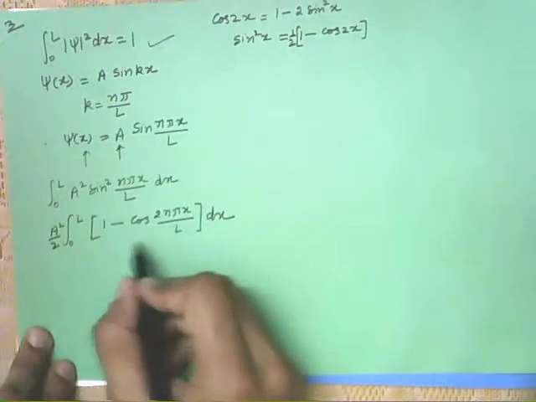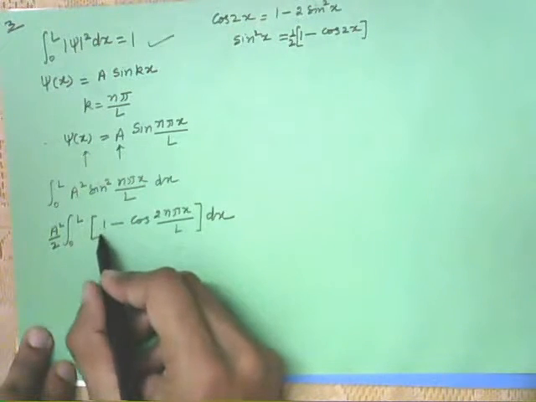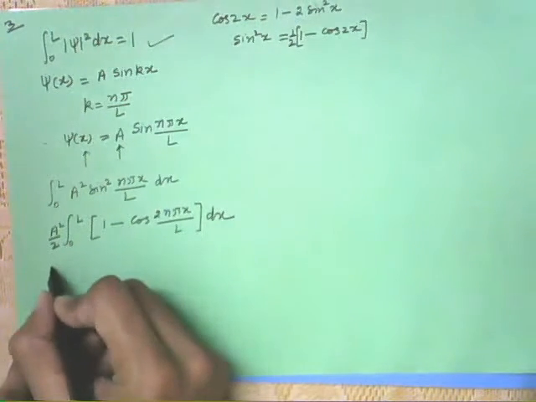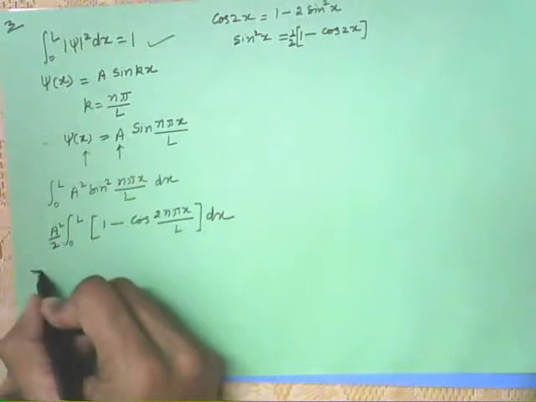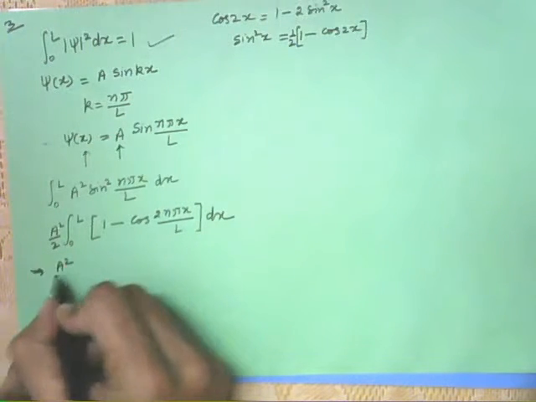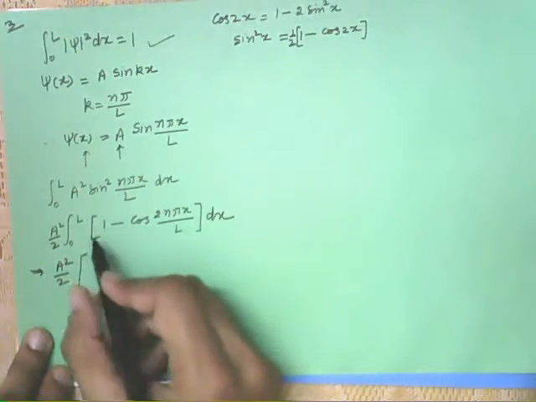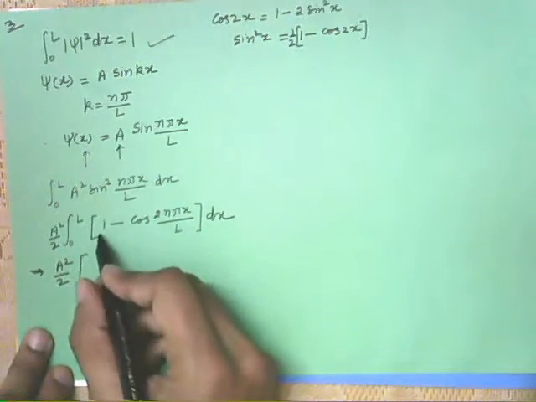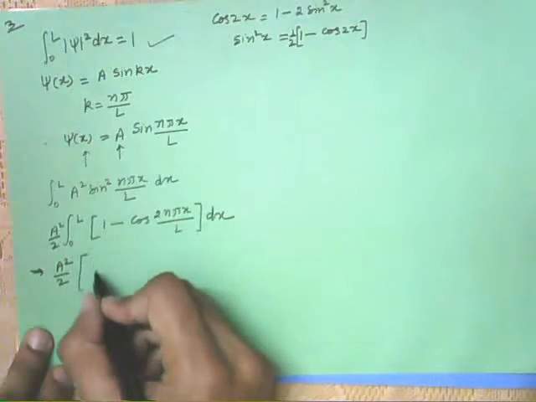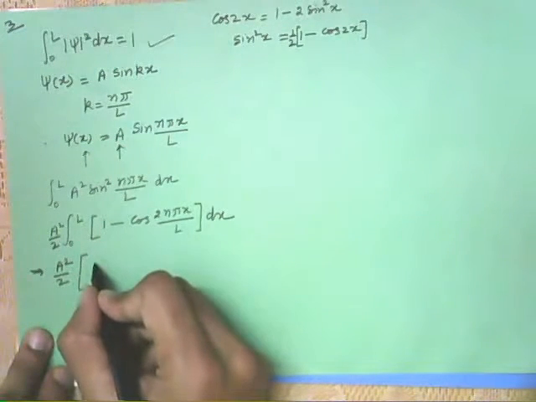After integrating these two functions, this becomes a squared upon 2, this is 0 to L of 1 dx, and the integration of this single number will be x.